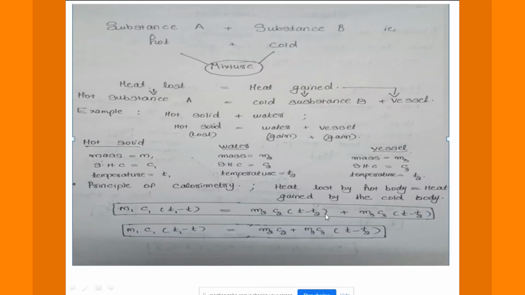Okay, to make it convenient for solving numericals, we can rearrange it so that you can write (m2c2 plus m3c3) into (t minus t2). So this will be our final formula. If you are clear with these two types in the principle of calorimetry, the first part and the second part, you can very easily solve the numericals based on this.